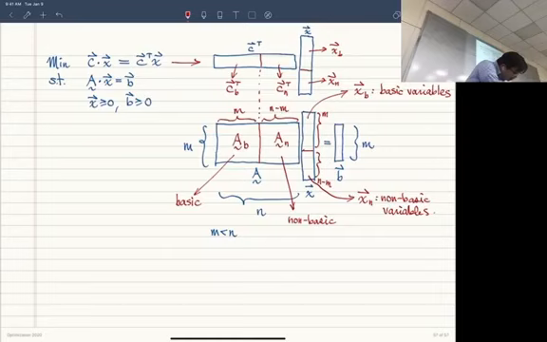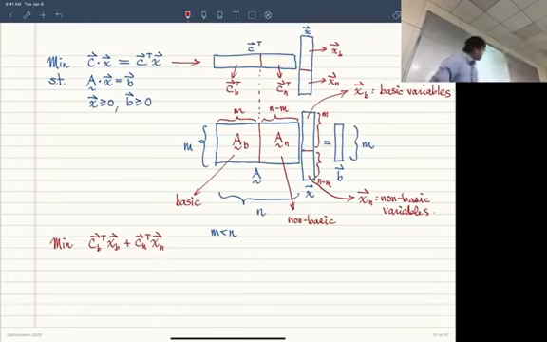What's next? When we do this, we can rewrite the entire mathematical formulation in the following way. Our objective function becomes CB transpose XB plus CN transpose XN, right?